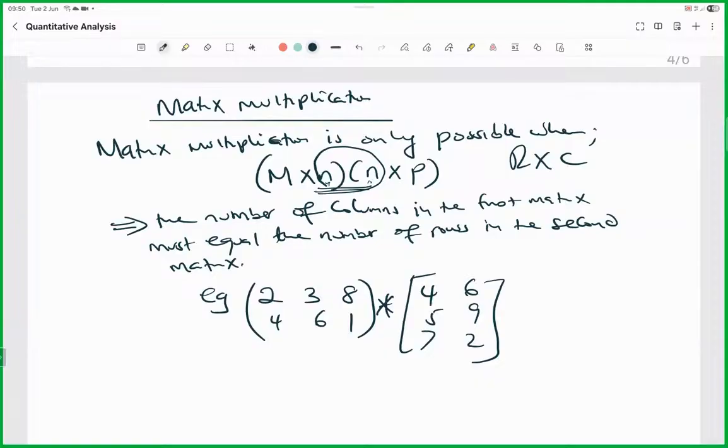Can someone tell me the order of the first matrix? Anybody who is able to see the order of the first matrix? Please. The order of the first matrix.